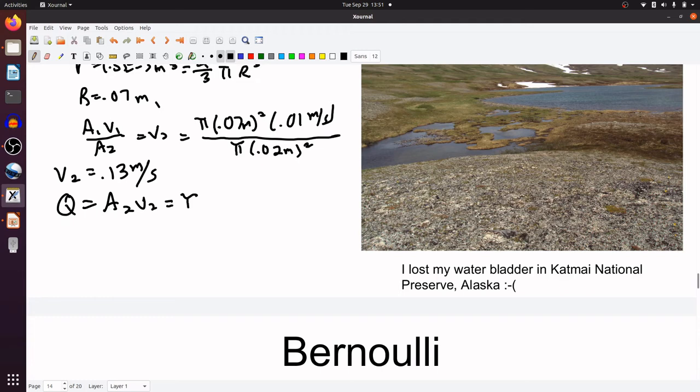So I just take pi times the radius of 0.02 meters squared, and then times the velocity we just found, and I'm just going to use the 0.13. And that will give me my volumetric flow rate. So pi times 0.02 squared times 0.13 is going to give me 1.6 times 10 to the negative fourth.